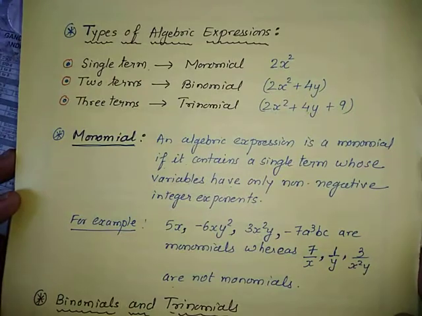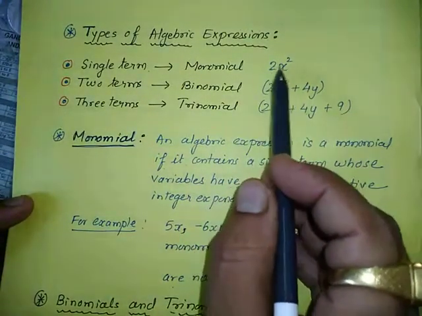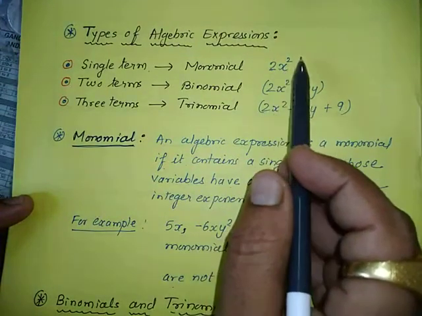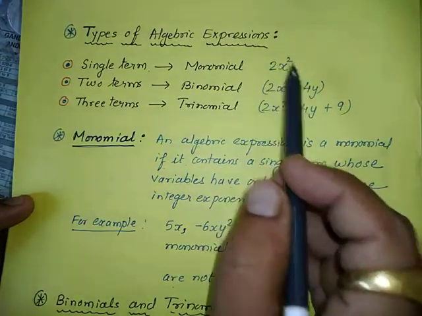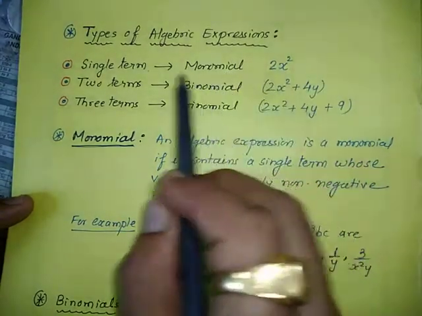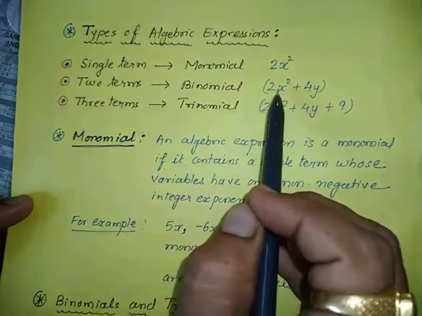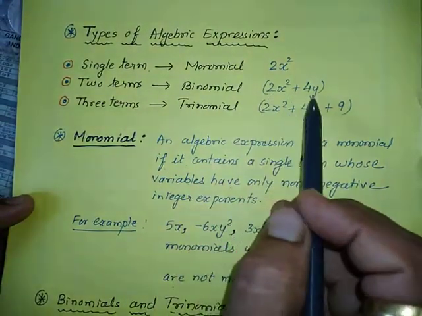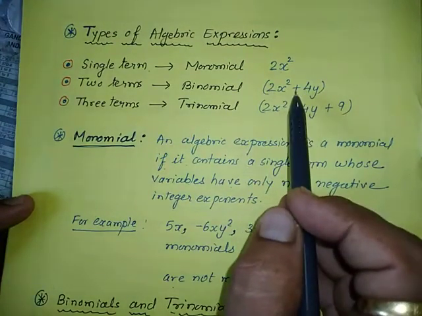Types of algebraic expression. We find 2x square: 2 is a constant number, x is a variable and 2 is the power. So 2x square is a single term, no other plus or minus sign, so we call it monomial. Here 2x square plus 4y. So sir, can we not add these two? No. Why?